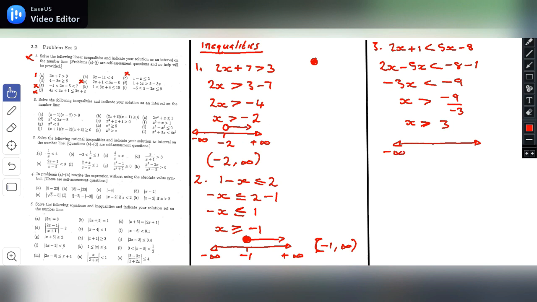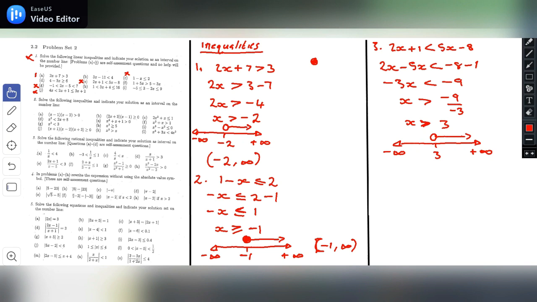So when we represent it on the number line, here we write negative infinity, here we write positive infinity, always. Here we have 3, with an open circle, whereby we know that x is greater than 3, which means it has to go to this side. And you can also see by the sign. Can you guys see this sign? It shows that you need to go this side.